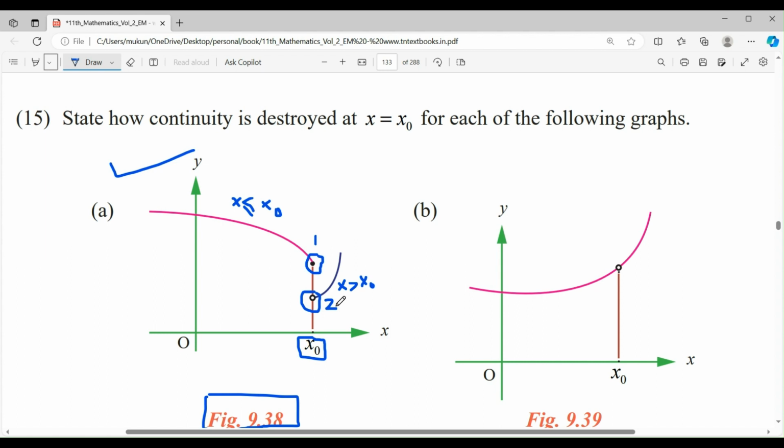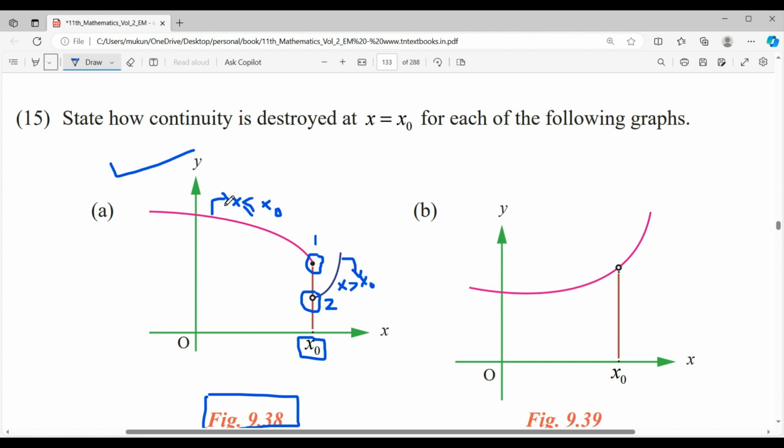So that is why we have the blue line representing all x greater than x naught, and the pink line representing all x lesser than x naught, right?